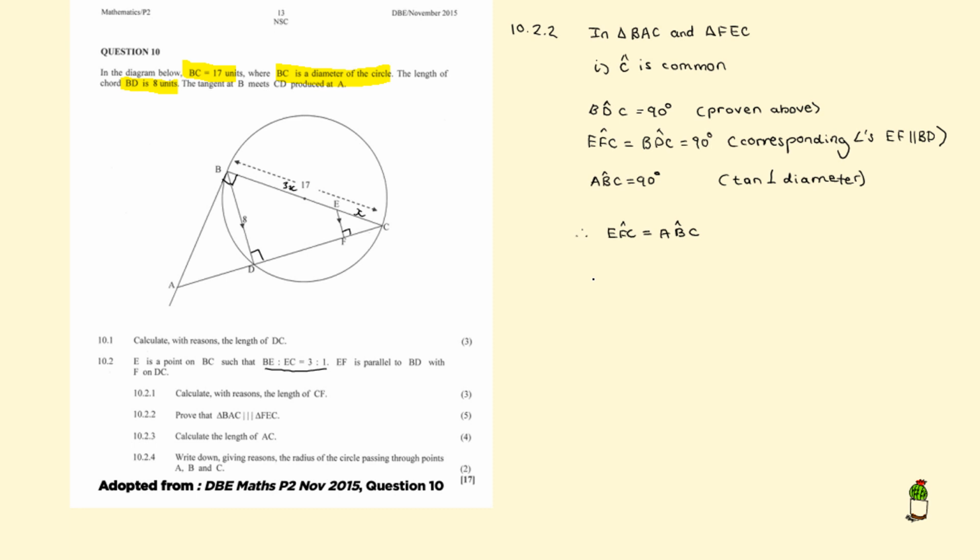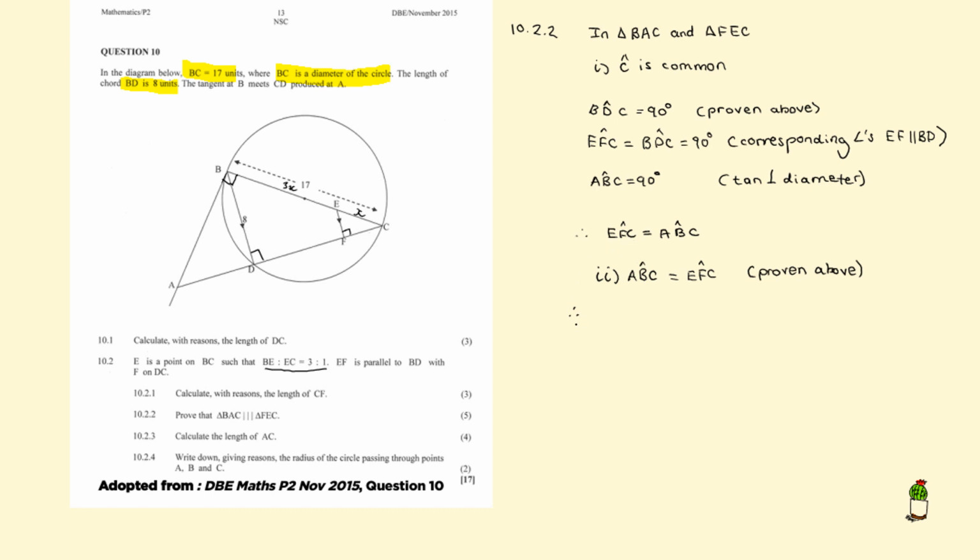So as our second point for similarity, just notice we're starting with the big triangle, so I'm going to say angle ABC is equal to angle EFC, right? I'm going to say here, proven above. And then therefore we've proved two angles equal in these two triangles. The third angle will be equal because it's the third angle of the triangle.